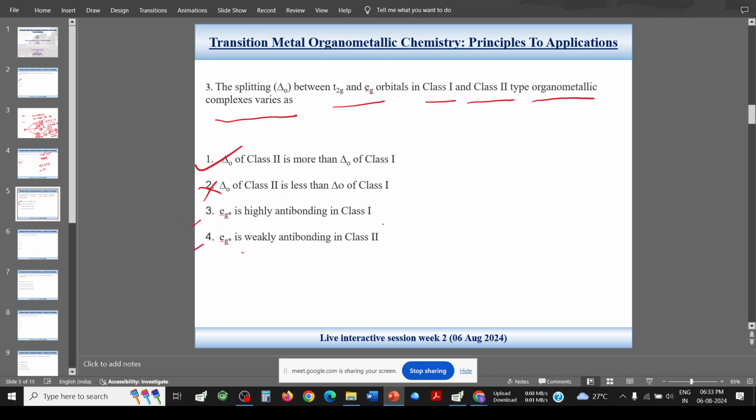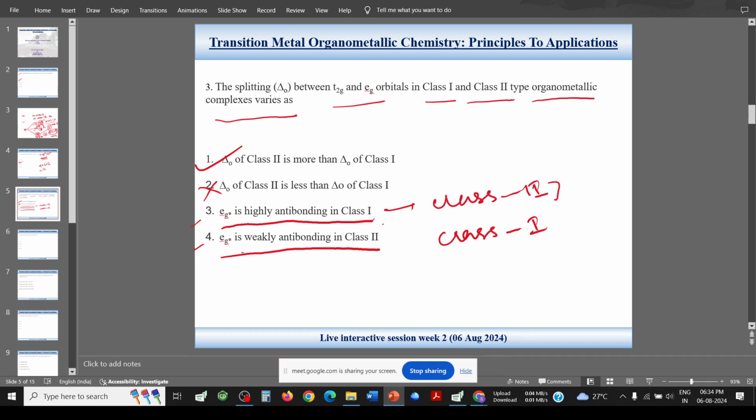For option 3, it is saying Eg star is highly antibonding in class 1 and Eg star is weakly antibonding in class 2. So these two are wrong, right? Eg star is highly antibonding in class 2 and weakly antibonding in class 1. Okay, any other doubt? No, sir.